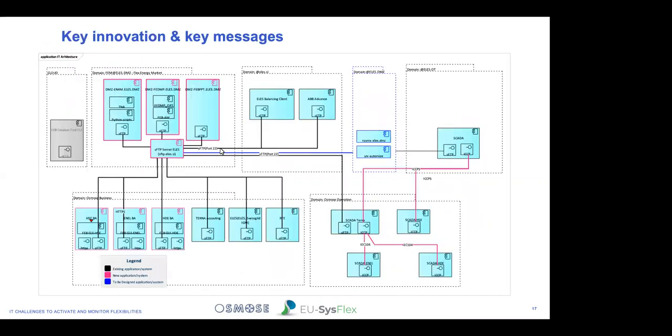Here you can see actually the high-level architecture of the Flex Energy Management platform. So in the upper left corner in pink, you can see the three software tools which are gathering the information. So we are gathering close to real-time snapshots from the state estimators from France, Northern Italy, and Slovenia.